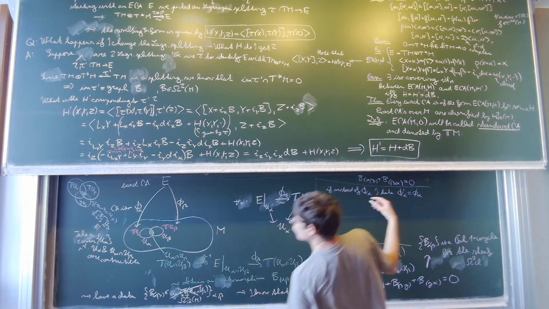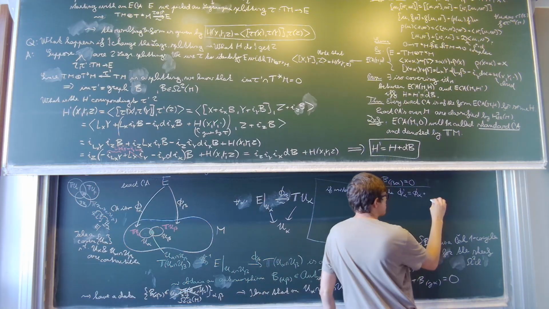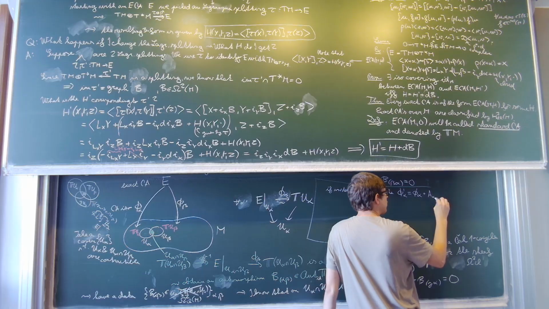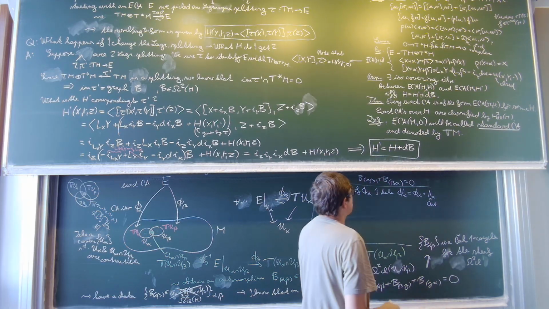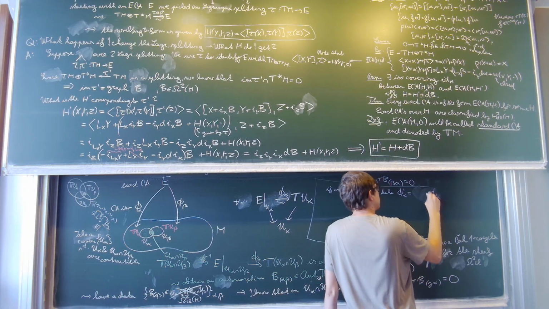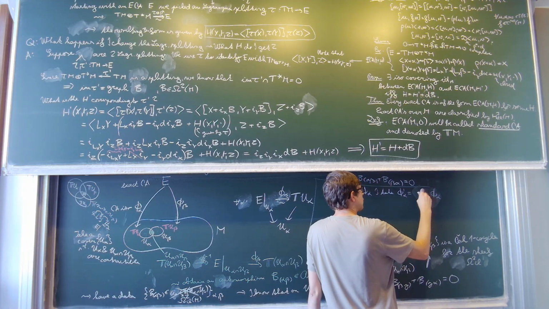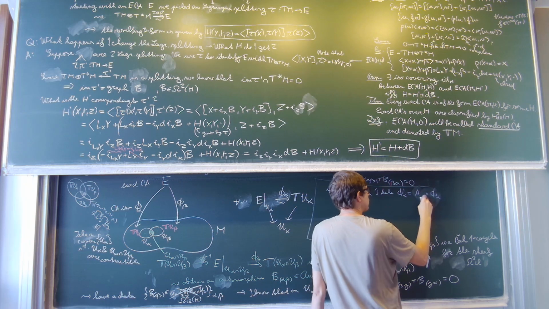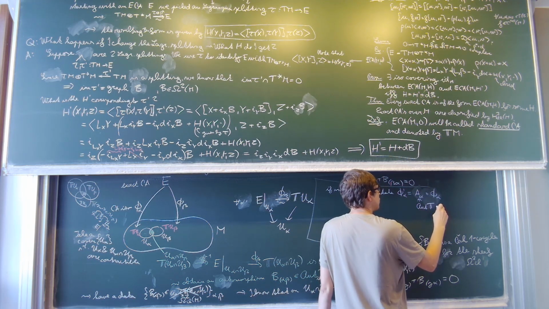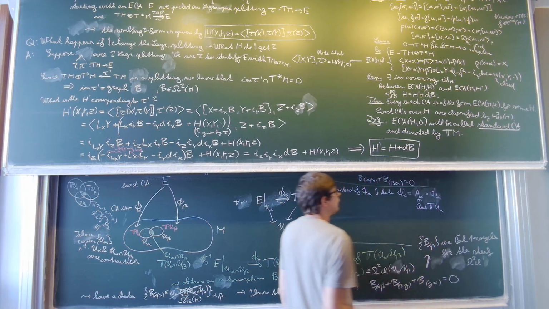Or I can recompose this with some A alpha. So this A alpha is an automorphism. Or maybe I should post-compose this with an automorphism of this guy.